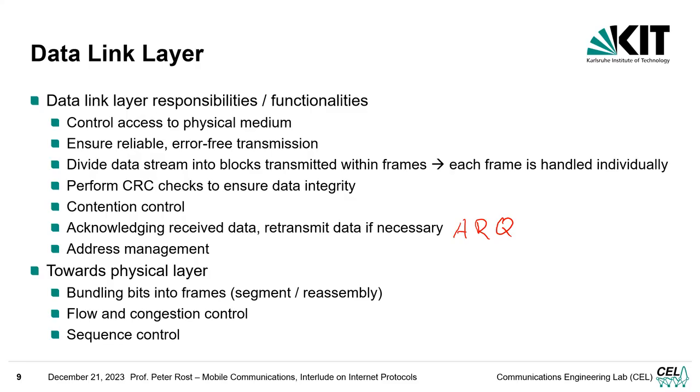It also performs address management to make sure that data sent by a transmitter is received by the intended receiver, so that data is forwarded to the correct devices. It also performs flow and congestion control, which I'm going to talk about later, as well as sequence control, so that packets are delivered in order. This can also be done on the data link layer.